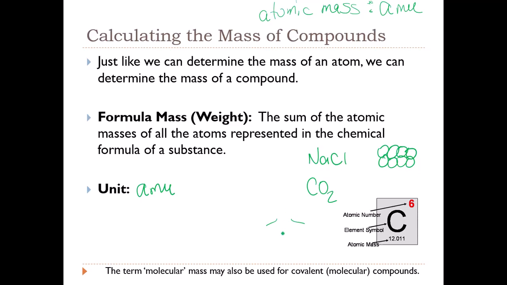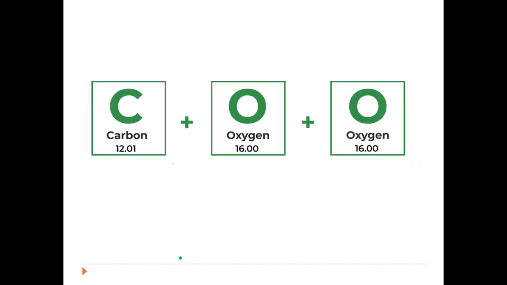In an ionic compound, we don't have discrete molecules. Instead, we have this crystal lattice structure with alternating positive and negative ions. Molecular mass is just a more specific term for covalent or molecular compounds, and it wouldn't be entirely accurate to use the term molecular mass for ionic compounds.